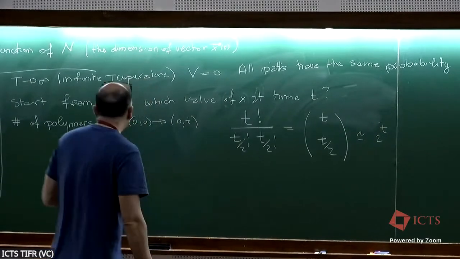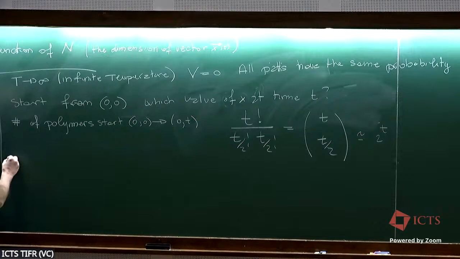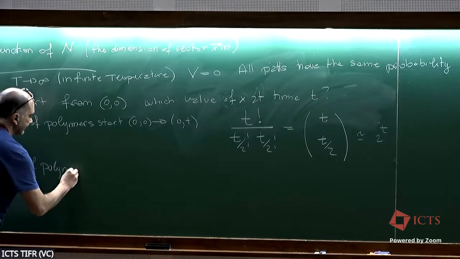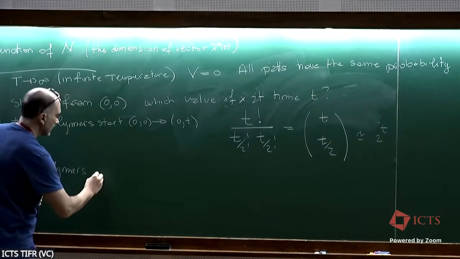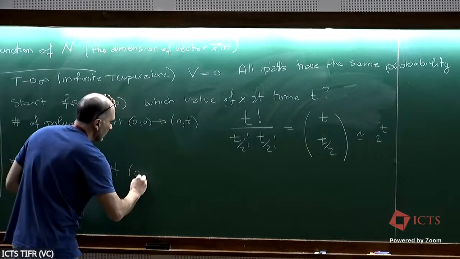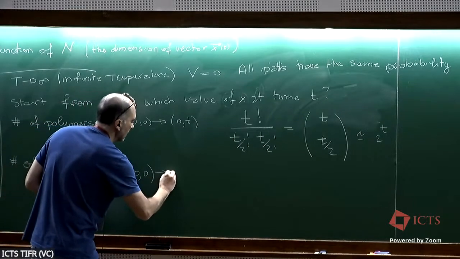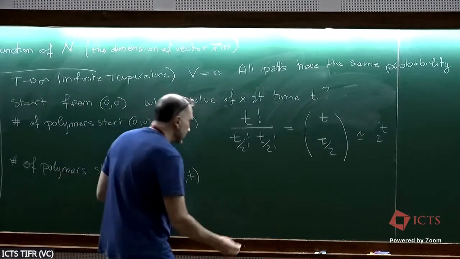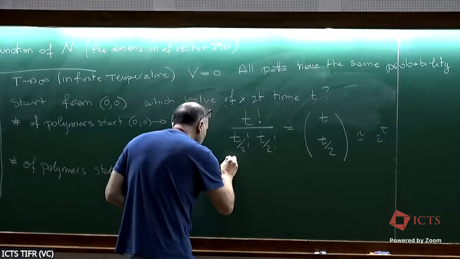And now if you want to say what is the number of polymers that start at 0, 0 and end up in x, t, then you have to use a different binomial coefficient.